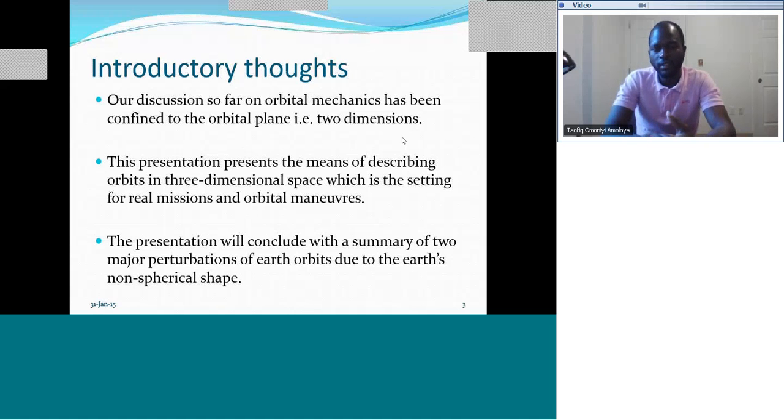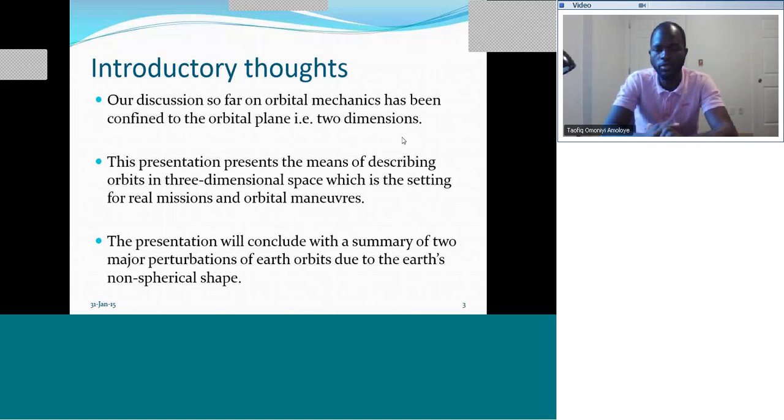So this presentation will present the means of describing such orbits which we studied in 2 dimensions, now in 3-dimensional space, which is of course the setting for real missions and orbital maneuvers.